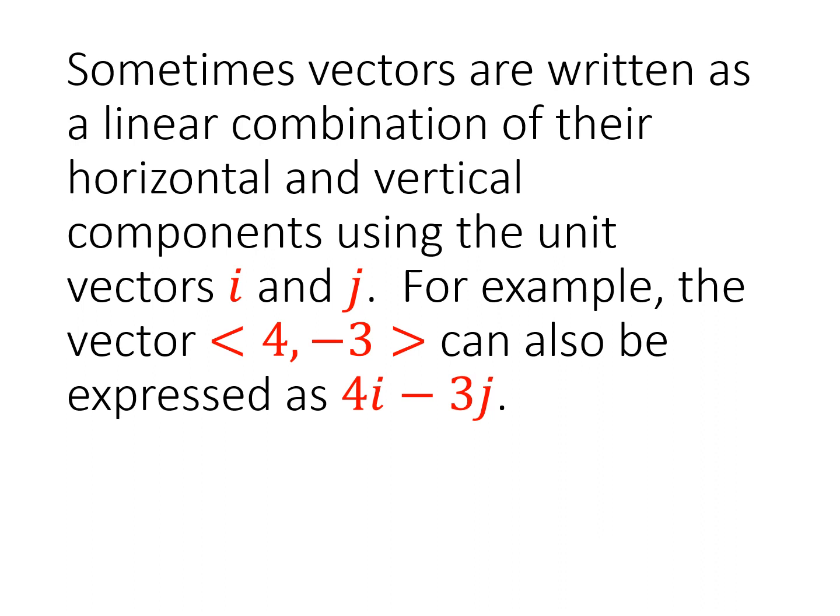Typically what I tell my kids, if they see a vector written in this form with i's and j's, they just immediately rewrite it in our component form with our alligator brackets, because that seems to work better for most of my students. So again, don't freak out when you see the i's and the j's. It's just a different way to write the vector.